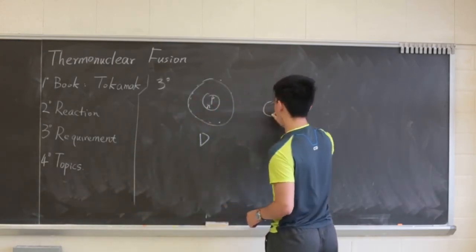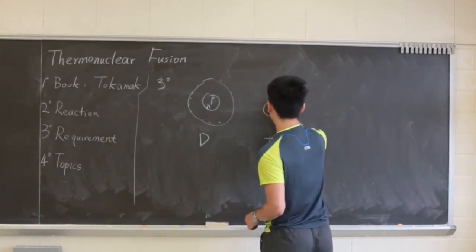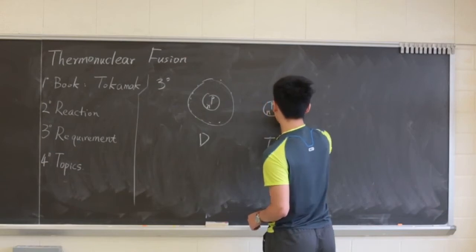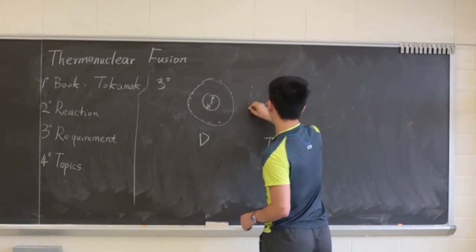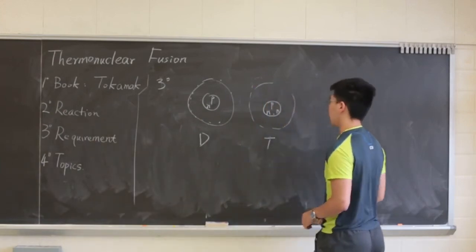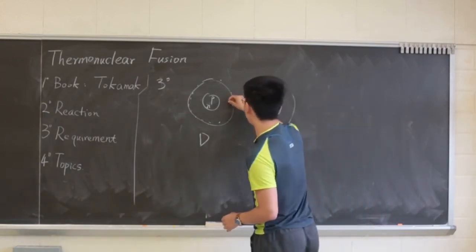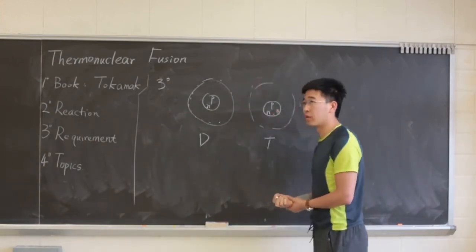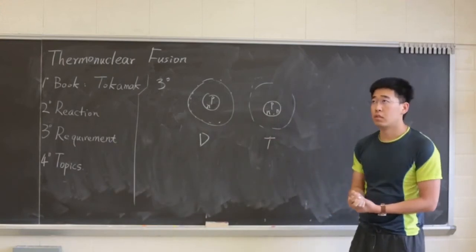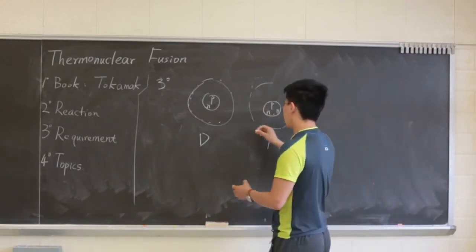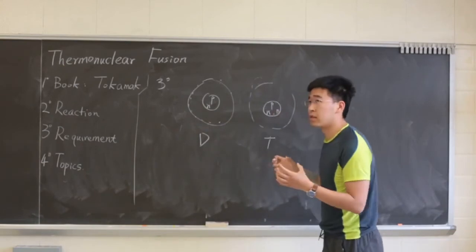And here is our tritium atom, proton, neutron. And there's the electron cloud. The electrons will repel, of course.